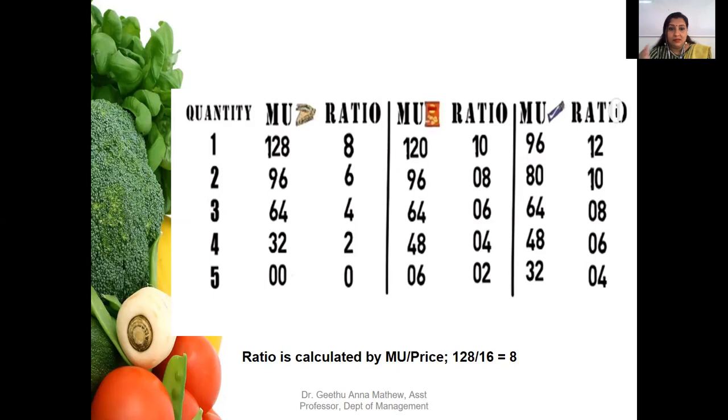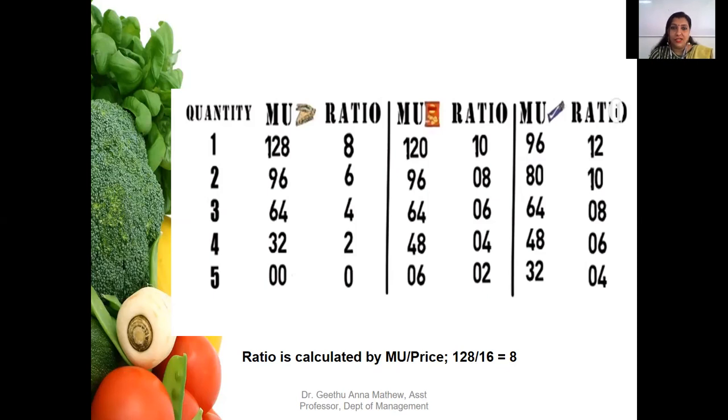Let's write the marginal utility of sandwich, marginal utility of chips, and marginal utility of chocolate. The marginal utility of sandwich is 128, 96, 64, 32, and 0. Like that for chips and chocolate. Then we are going to find the ratio for the three commodities, which is MU divided by price. That formula we have already discussed: MUX divided by PX.